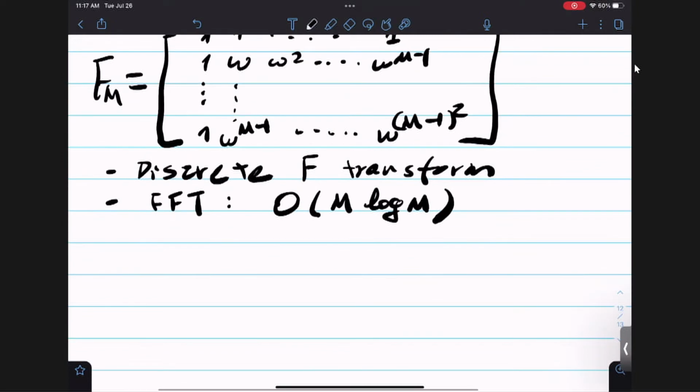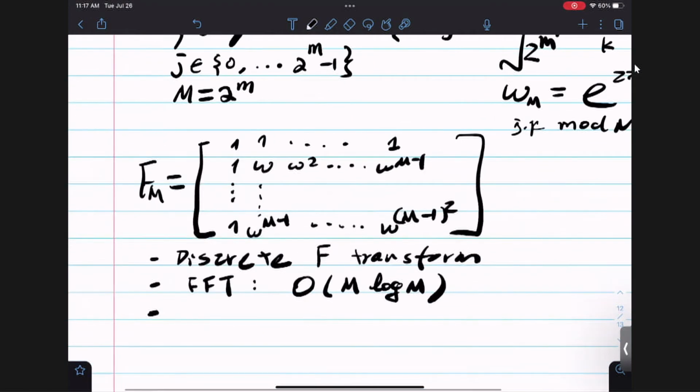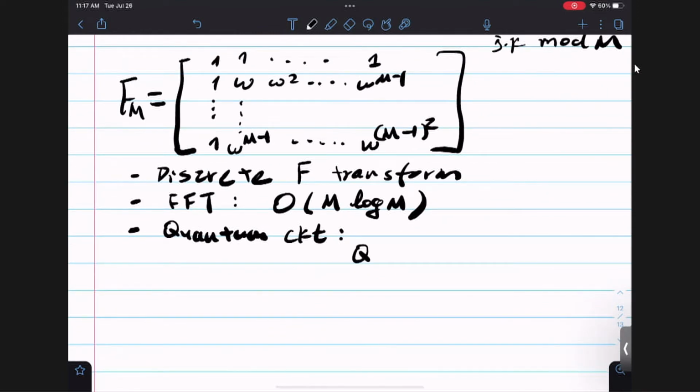And then in the quantum setting, there is actually a quantum circuit for computing this transform. And that quantum circuit is what we call, abusing the notation, the quantum Fourier transform.